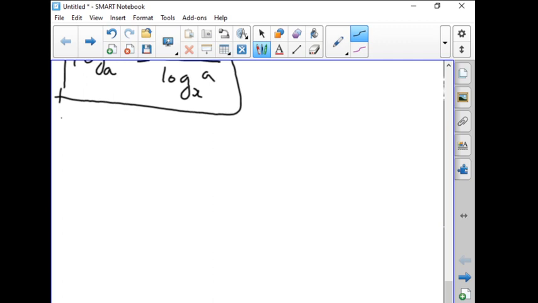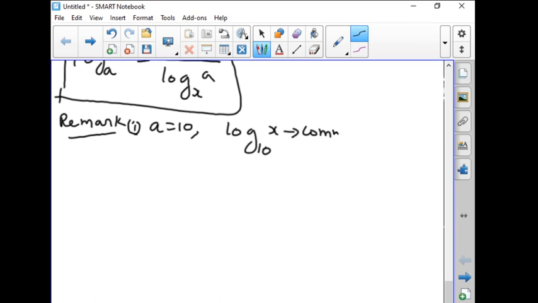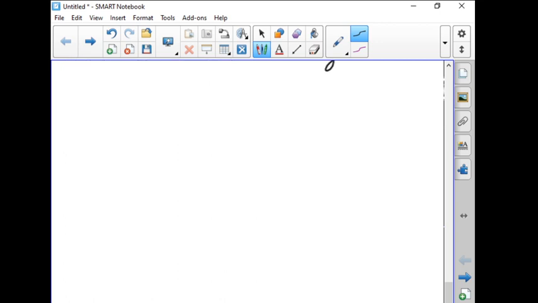Now we'll see a few remarks. First remark: when a is equal to 10, that is the base is 10, then log x to the base 10 is called the common logarithm.